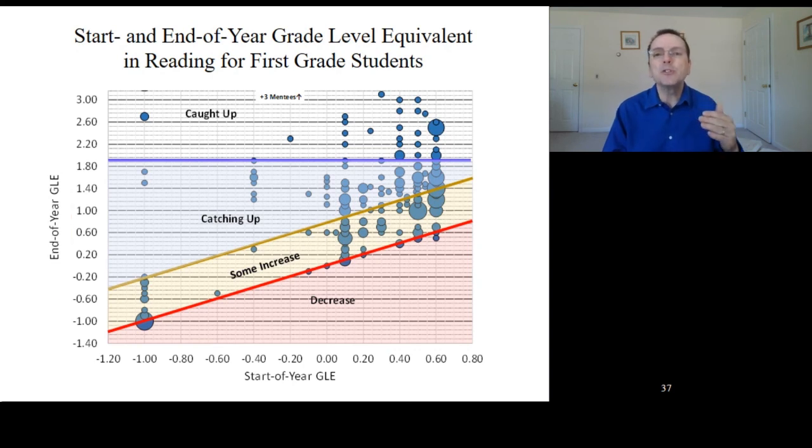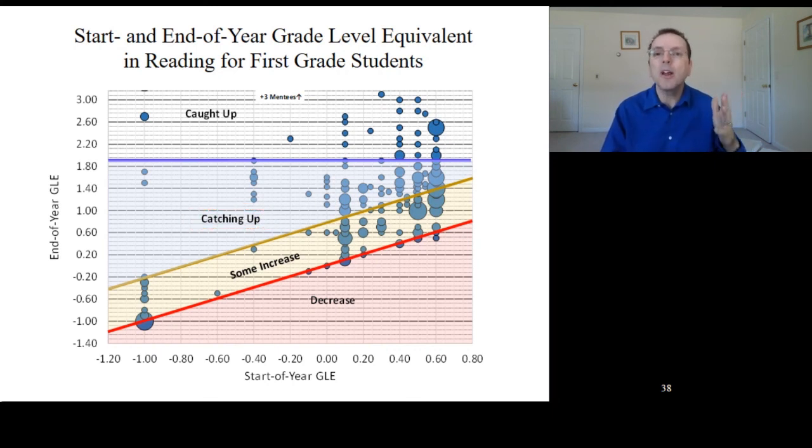It tells you if a student's score actually declined over the course of the year, or whether their reading skills showed some increase, but not as much as you would have expected during the time between the first and second test. It also shows you whether they've shown more of an increase in skills than you would have expected.